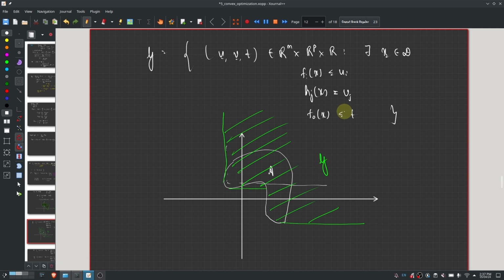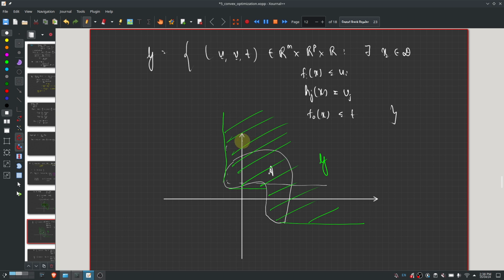So for a given optimization problem, let's say you have one objective function and one inequality constraint. In that special case, this G is a subset of R2, and we saw a couple of examples of what it looked like. In this case, the constrained minimum has a nice interpretation.